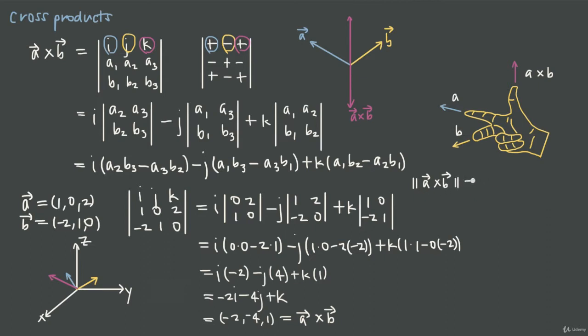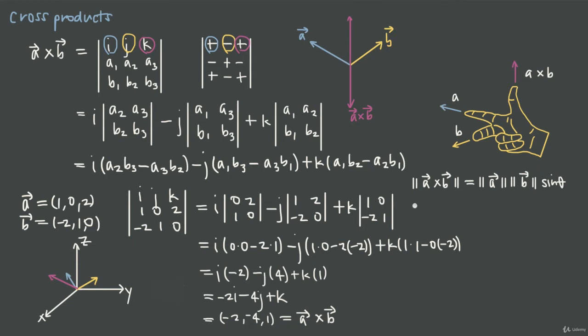And we can either find that using this formula, where we say the length of the vector A multiplied by the length of the vector B multiplied by sine of theta, where theta is the angle between the vectors A and B. Or instead of using this formula, we can simply use the distance formula to find the length of the cross product.